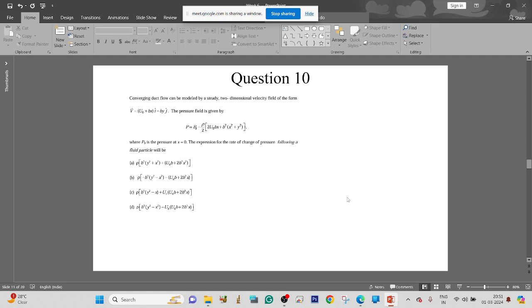Let me check. So I've got rho b cube y square minus x square. Option D, I got option D. Which one did you get? Tell me.